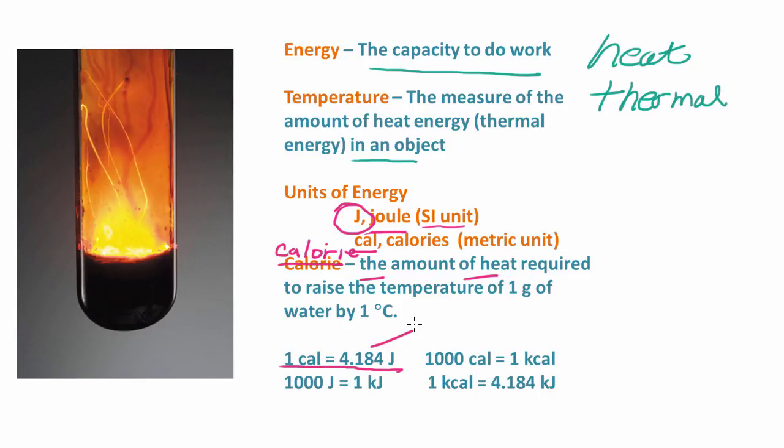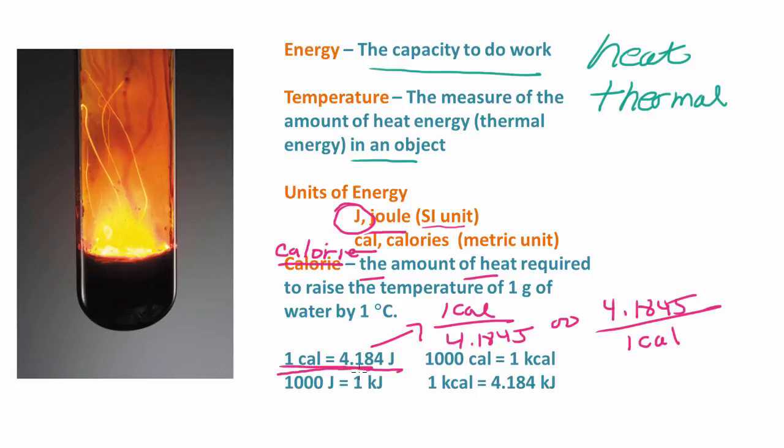And we have this equivalence here, so that means that we can form two conversion factors from an equivalence. So here we have 4.184 joules per 1 calorie. These are two conversion factors that we derive from one equivalence. So you need to know this.